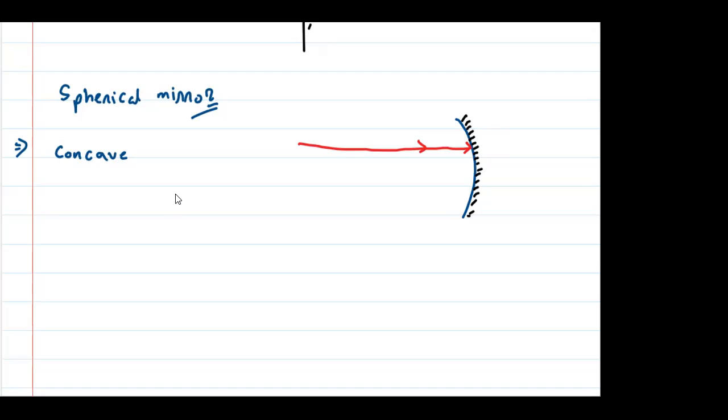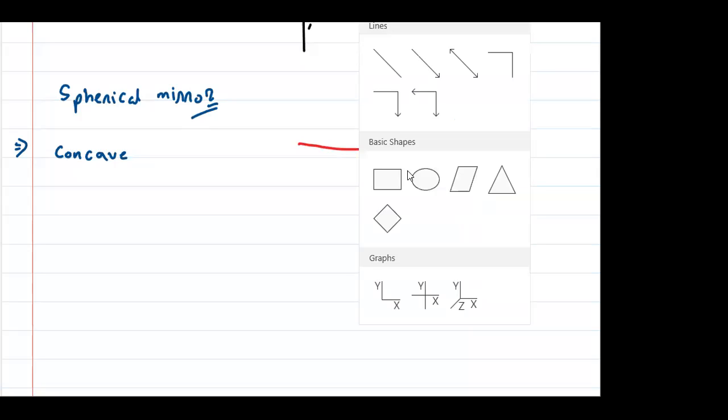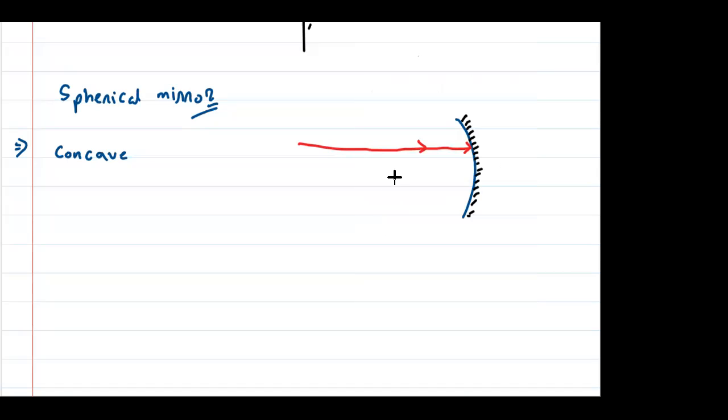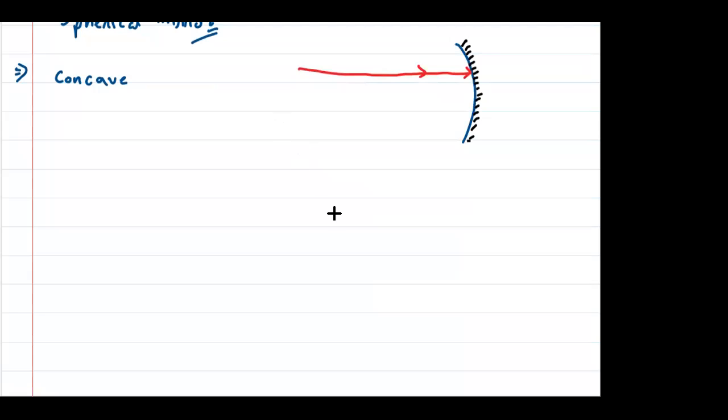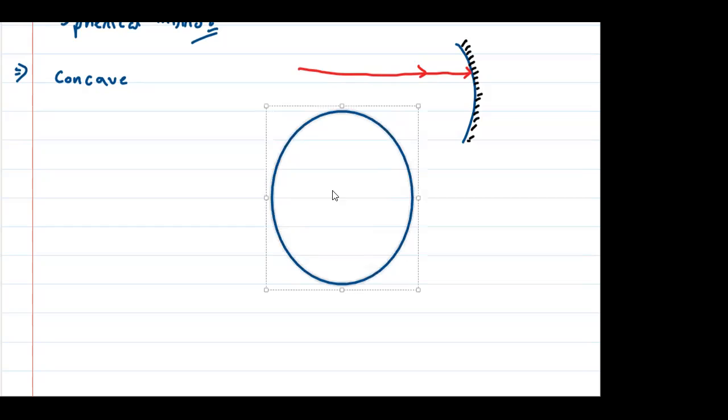Now, when you talk about concave, let's talk about some parameters associated with this type of mirror. Not just concave but convex also. We know that these mirrors are formed as a part of a spherical glass.